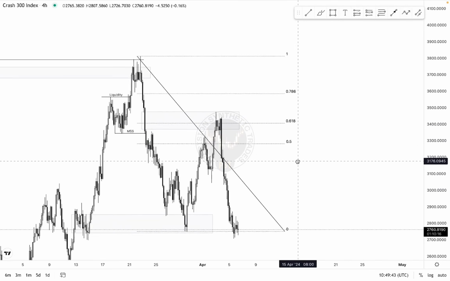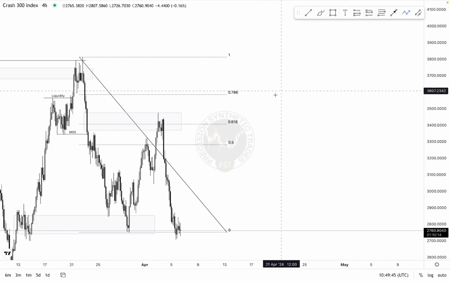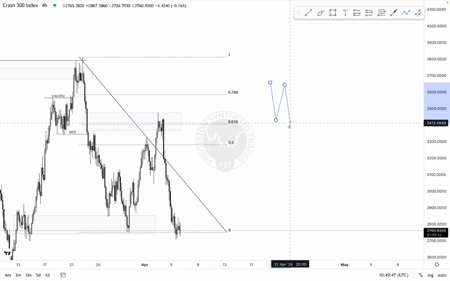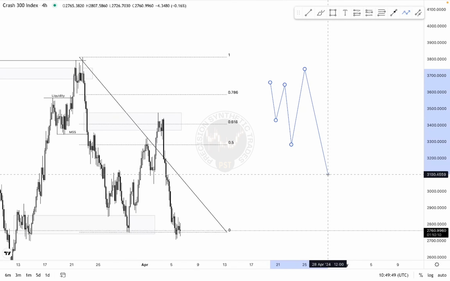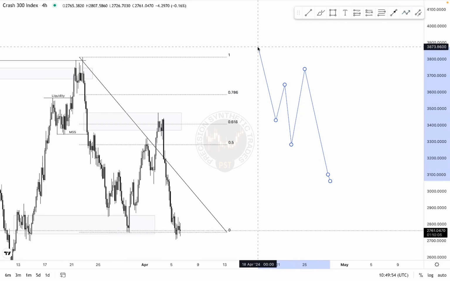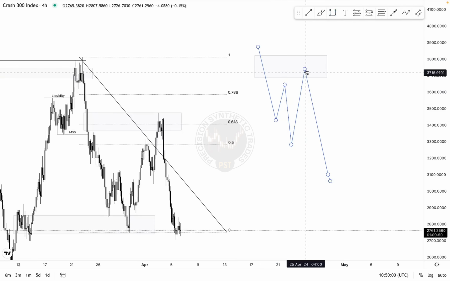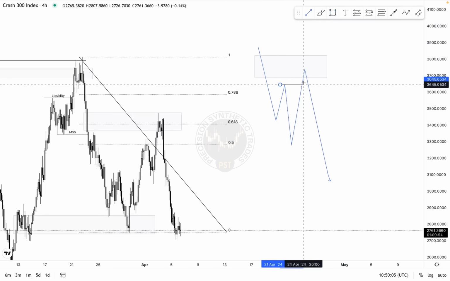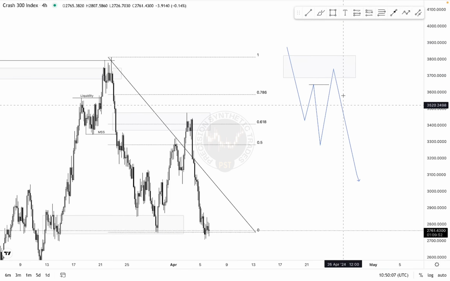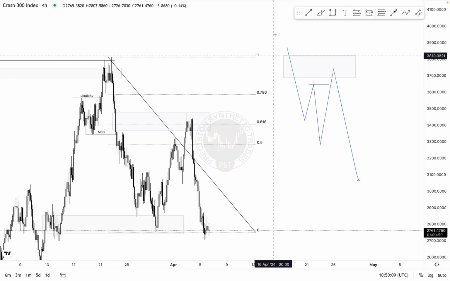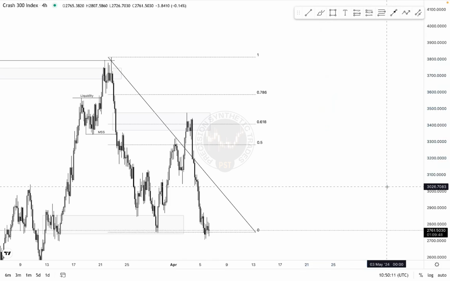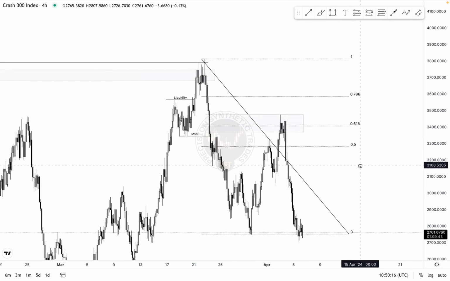So I was telling the group to wait for a formation like this, where price pushes down and we enter on a POI where liquidity will be taken. So we're looking for that structure on the lower time frame. Just delete this to make the chart a little bit more clear.